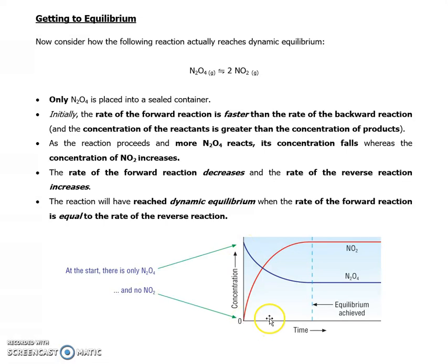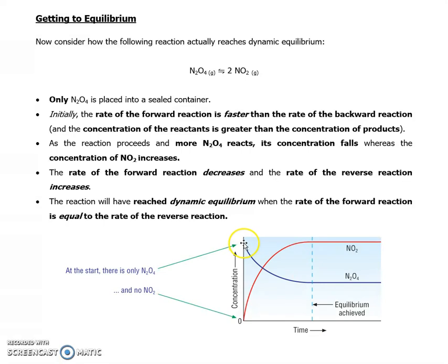As time progresses, the N2O4 decomposes, and as it decomposes, it releases molecules of NO2. There then comes a point where there's more NO2 than there is N2O4, and when we reach this dotted line, we have equilibrium.